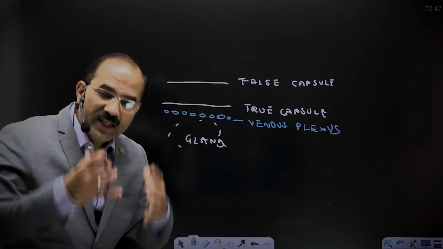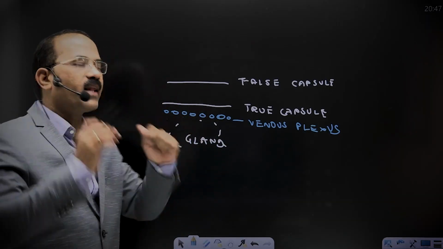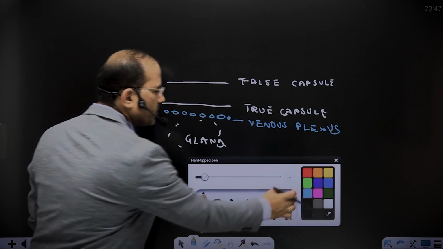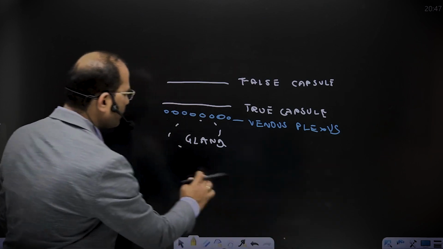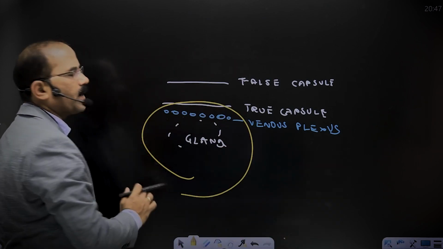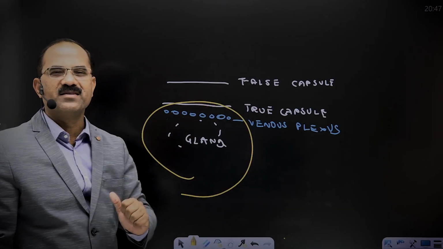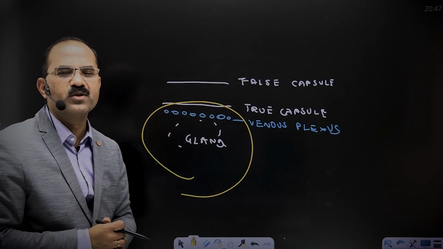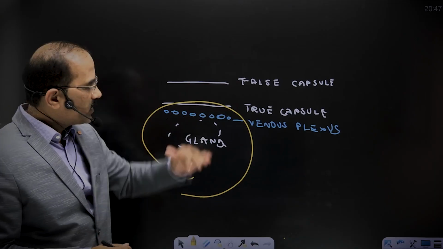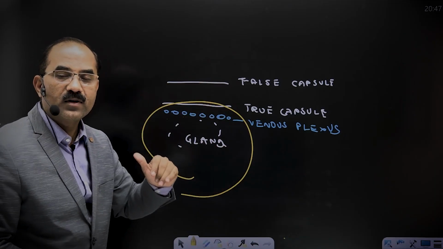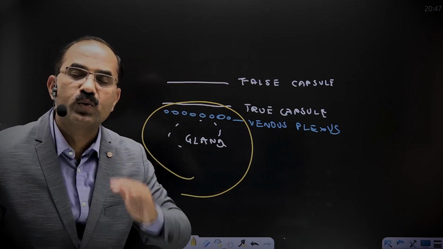When we are removing the thyroid gland, we remove the gland along with the true capsule to prevent hemorrhage from this venous plexus. So in case of thyroid, the venous plexus lies deep to the true capsule.